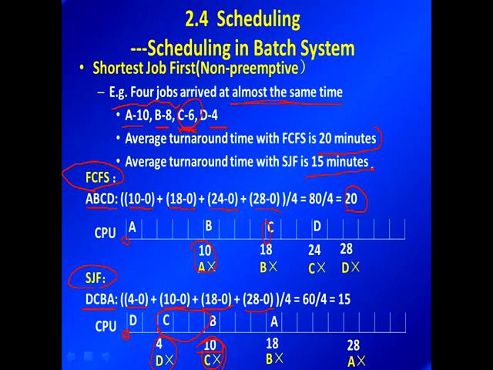So for this example, SJF is better than FCFS, because for batch systems, the shorter the turnaround is, the better the algorithm is. This is a very simple example, because we suppose they all have the same submission time.